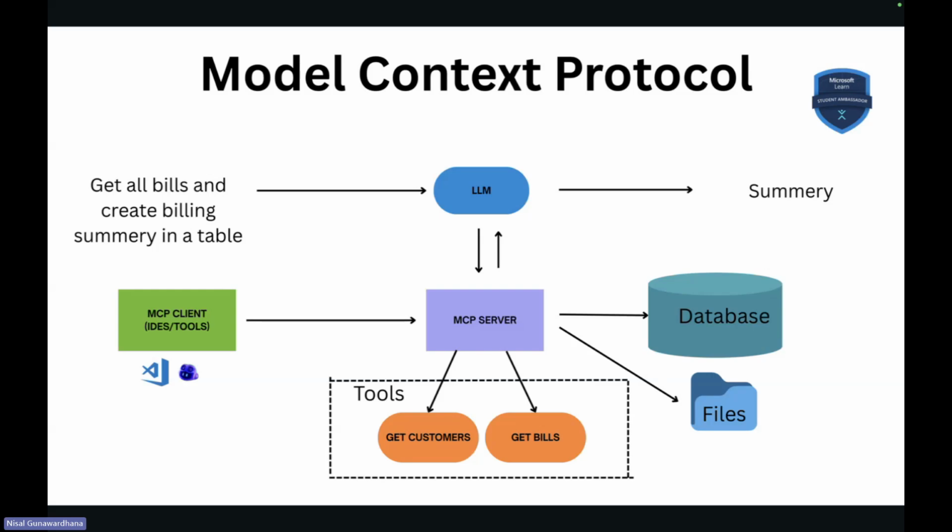So we ask this question: get all bills and create a billing summary in a table. Then the LLM connects to the MCP server. The MCP server has the get bills tool, and it has access to the database, files, and everything. Then the MCP server triggers that particular tool, gets data, and gives it to the large language model.